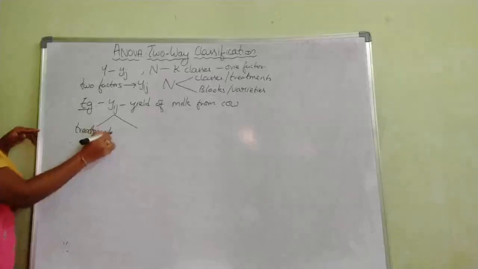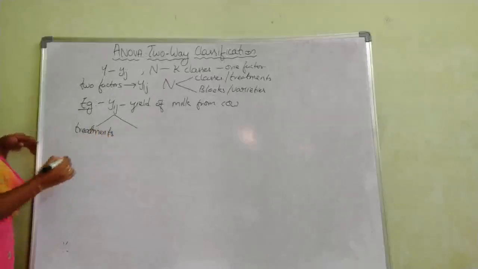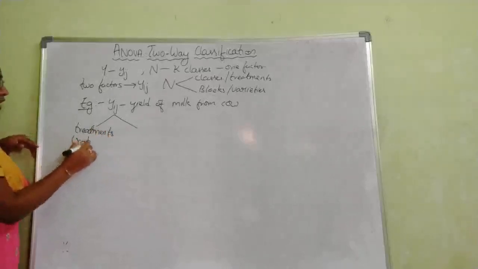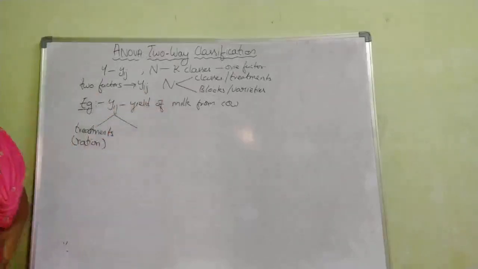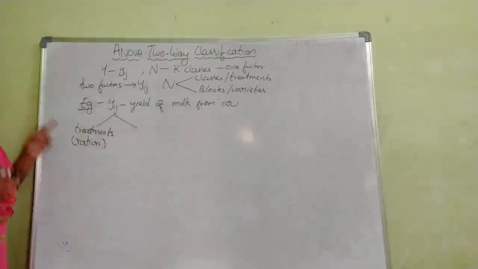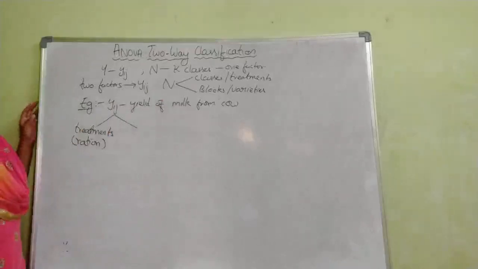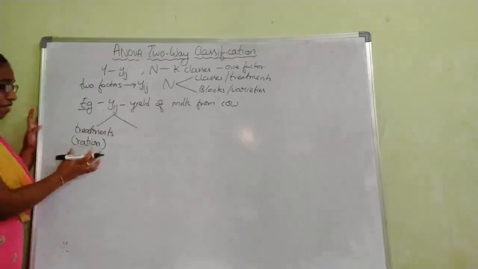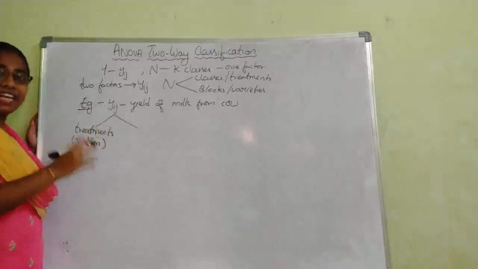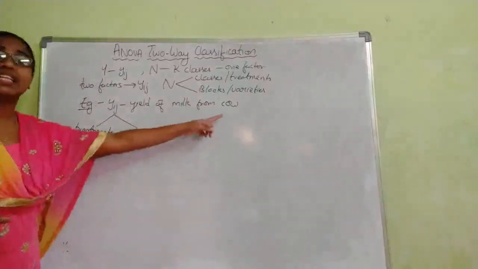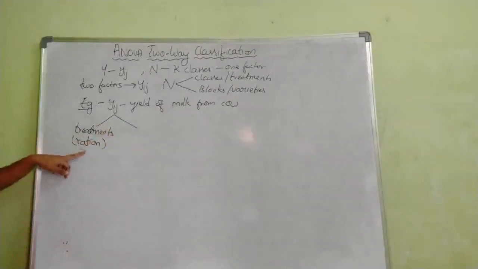So treatments means the ration which we are providing to that cow. That means what type of grass we are giving, what type of water you are giving, everything. So whatever you are giving to the cow for feeding, based on that ration the yield will be produced.